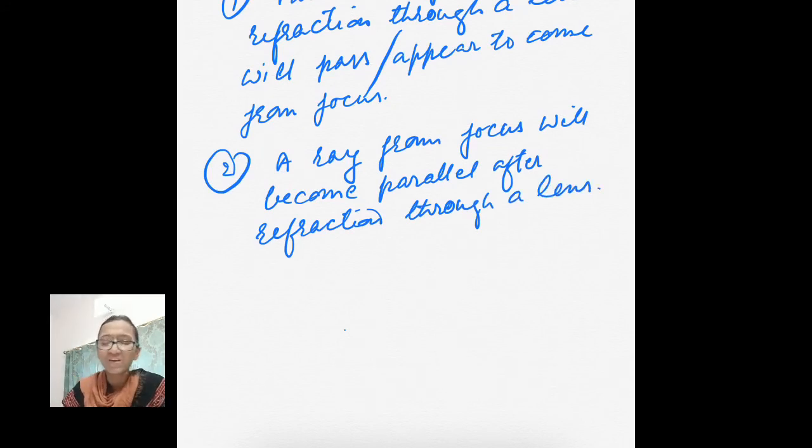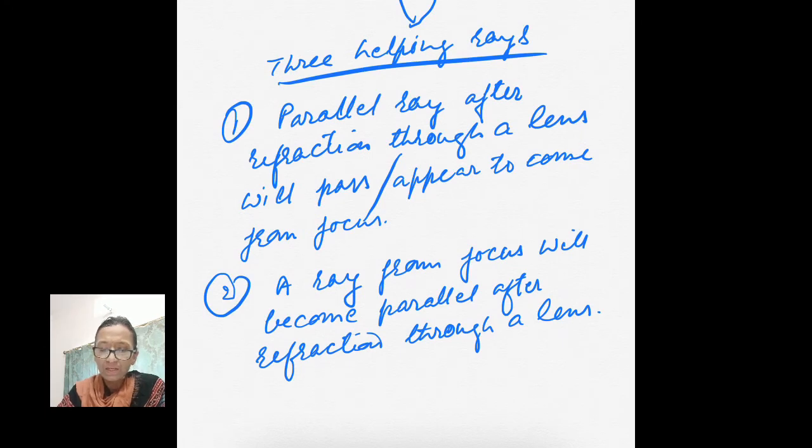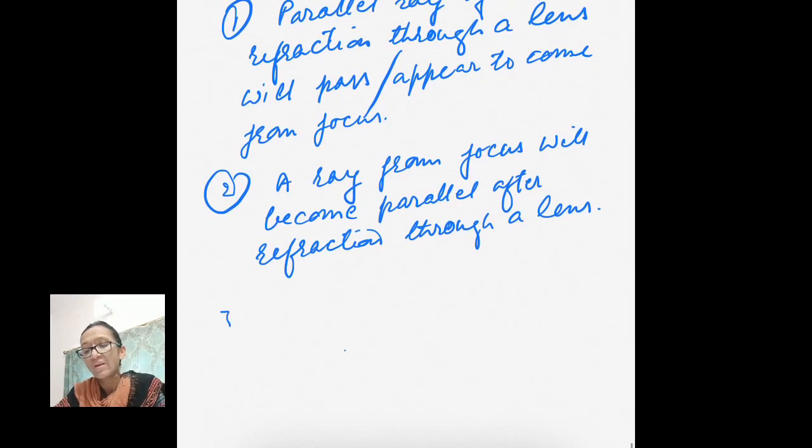So you need not obtain this in different cases of your different rays. There are so many rays initiating from a single point. We do not know which way these rays will be going after refraction through lenses, but we know that these three helping rays that I am writing will go along a particular direction as mentioned in all these 3 points.